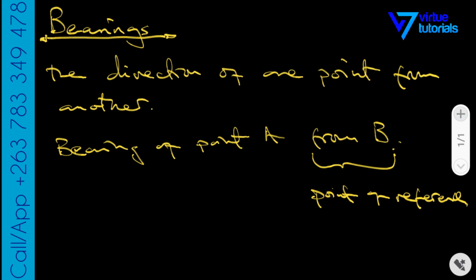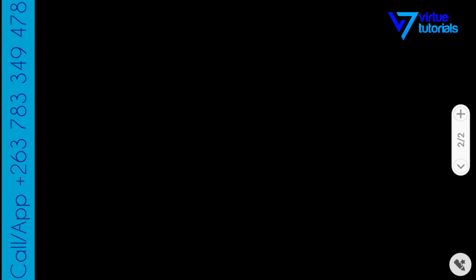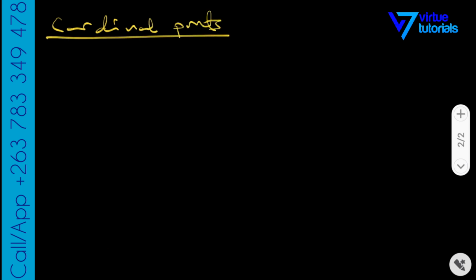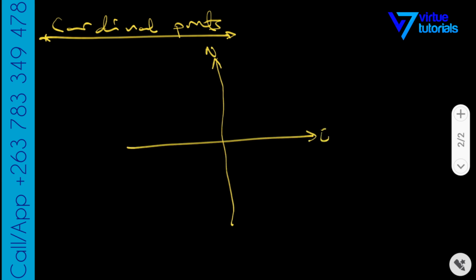Now, the first thing we need to understand is our basic cardinal points. We know that we have 4 cardinal points: north, east, west, and south. Between two corresponding cardinal points, we have 90 degrees.